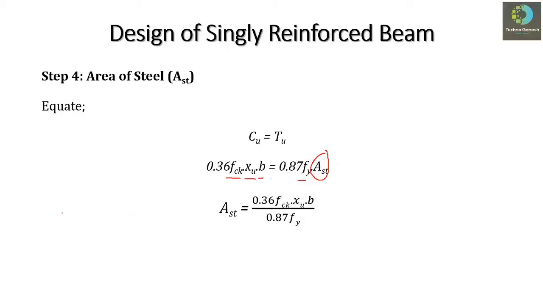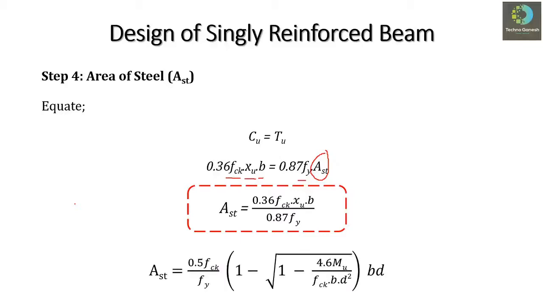So Ast will be equal to 0.36 fck xu into b upon 0.87 fy. So you can calculate the area of tensile steel required by using this formula or this relation. One more relation is also used for calculating the area of tensile steel.